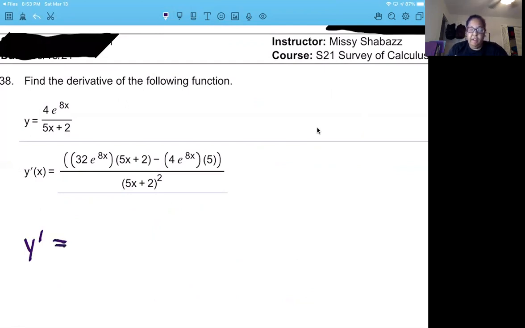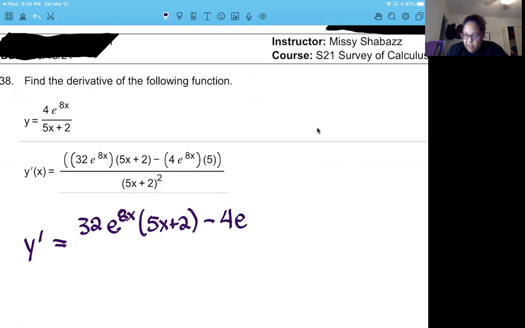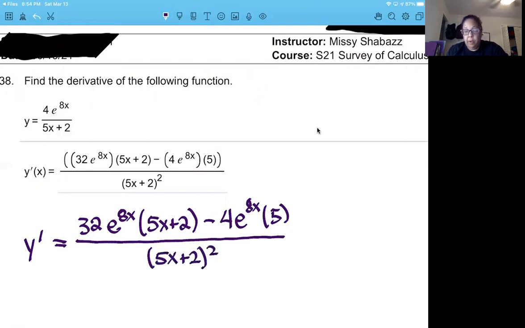The derivative of the top is going to be 8 times 4, which is 32, e to the 8x, times the bottom, 5x plus 2, minus the top, 4e to the 8x, times the derivative of the bottom, which is just 5, all over 5x plus 2 squared, the bottom squared. And you can leave it just like that.